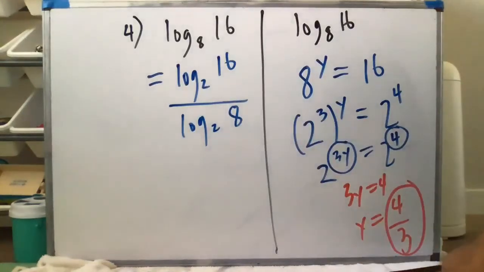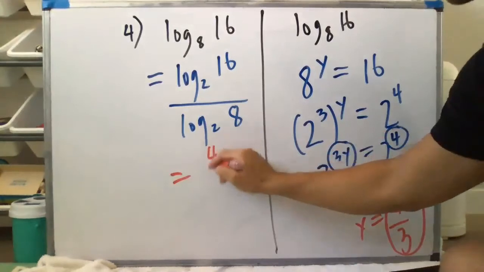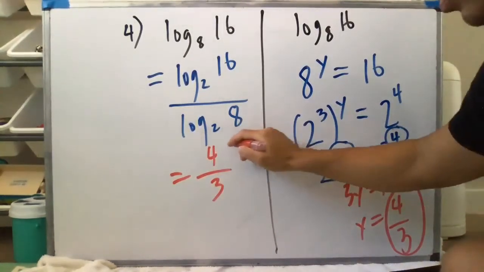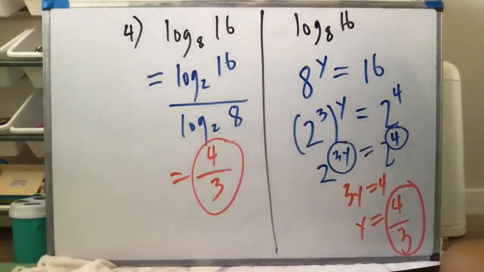What's log base 2 of 16? Well, 2 to the fourth is 16, so that's 4. And what's log base 2 of 8? Well, 2 to the third is 8, so that's 3. And you see I get my answer in basically 2 steps. The old way took a little more work, but the same answer in the end. So either way, it's actually okay.